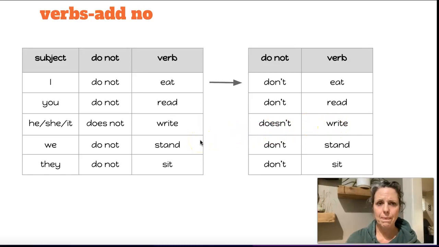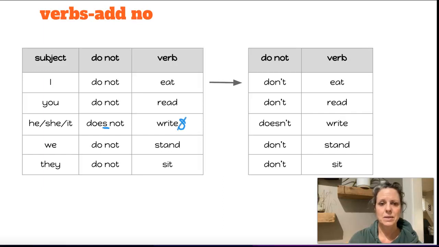So before I said that when we say he, she, or it with a verb, we need to add an S. We need to add an S here. Why aren't I adding an S? Because the S is here. He does not write.